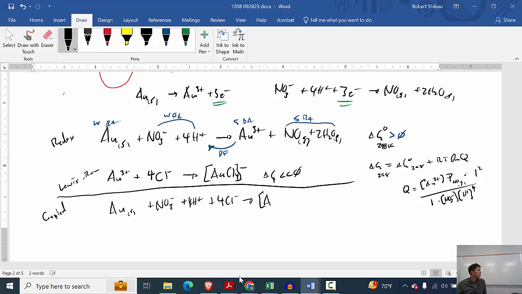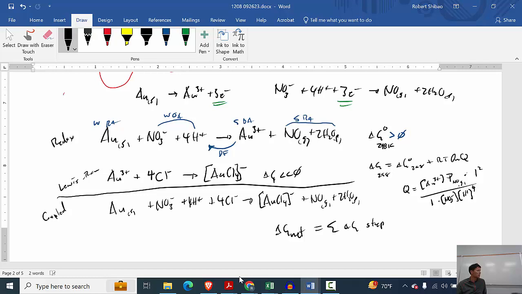We're going to form this tetrachloridoaurate(III) from that, plus NO gas plus 2H2O. And the delta G for the net reaction, that is the coupled reactions here, is just equal to the sum of the delta G's of the steps.